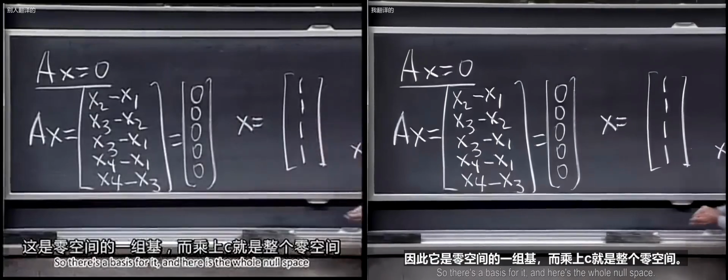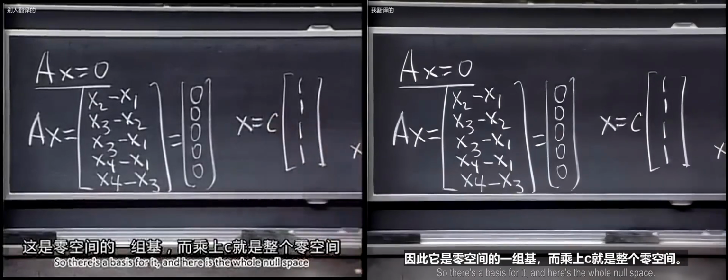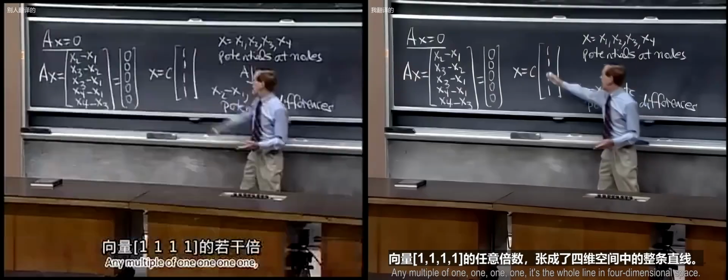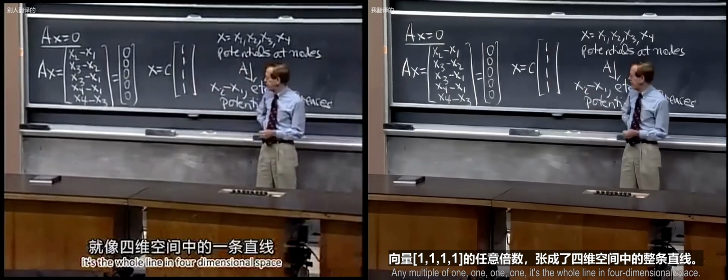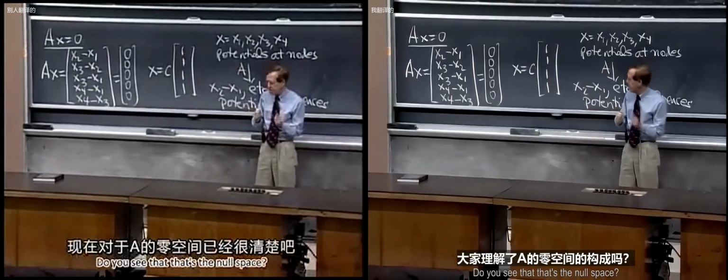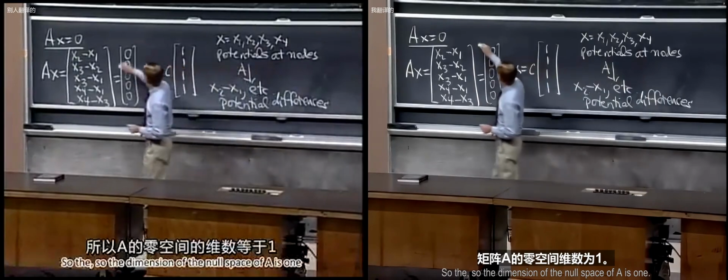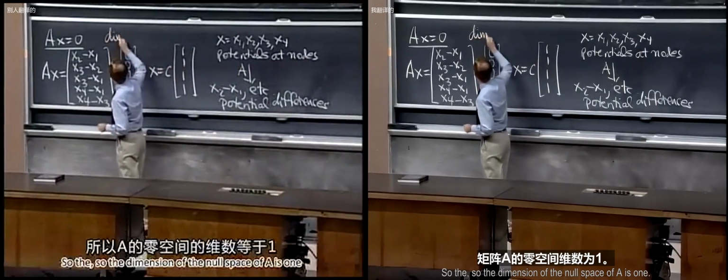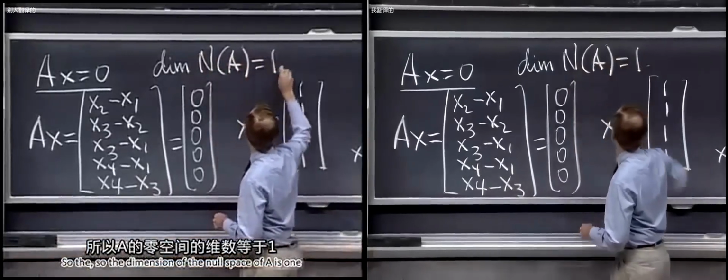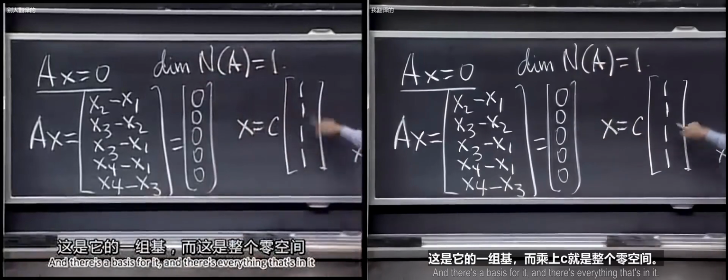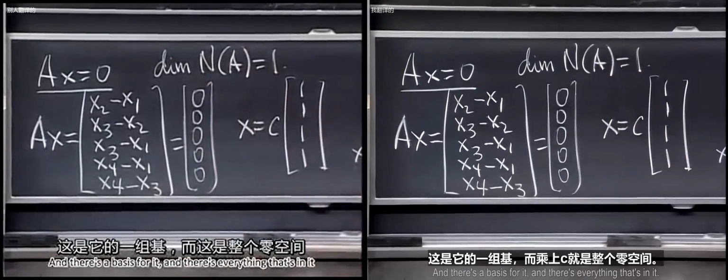So there's a basis for it, and here's the whole null space. Any multiple of 1, 1, 1, 1, it's the whole line in four-dimensional space. Do you see that that's the null space? So the dimension of the null space of A is 1. And there's a basis for it, and there's everything that's in it.